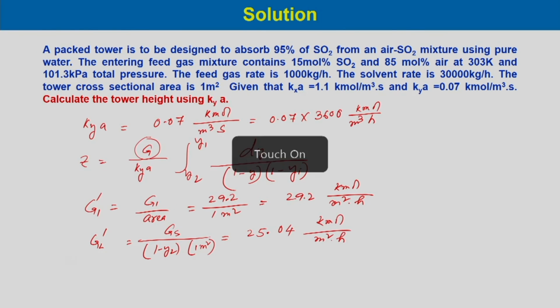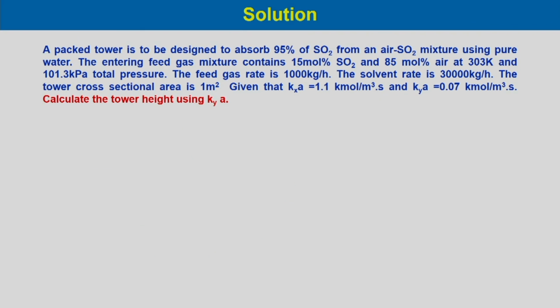Now, G1 dash and G2 dash we have calculated, and we will take the average of these two. So, G should be equal to (G1 dash plus G2 dash) by 2, and if we substitute that, it will be 27.12 kilomole per meter square hour.